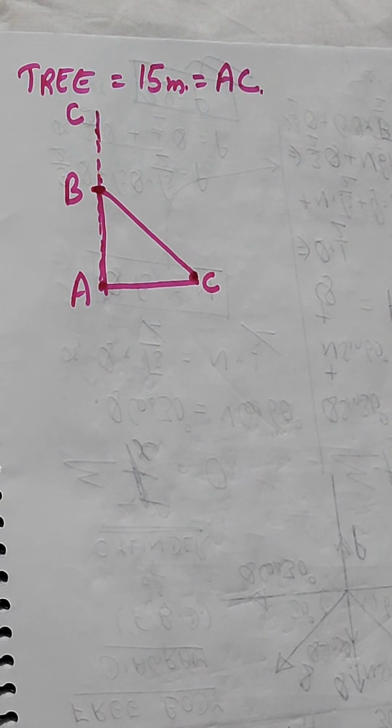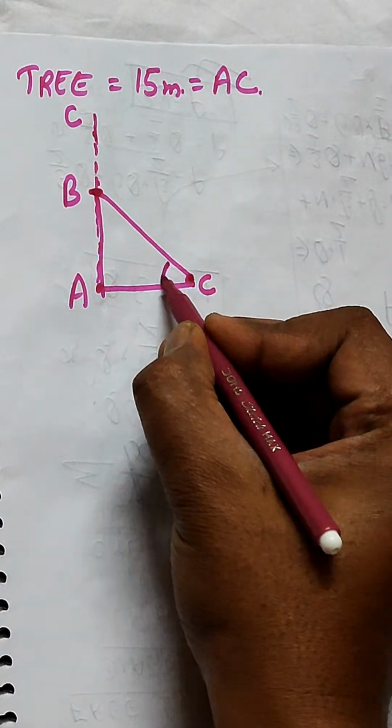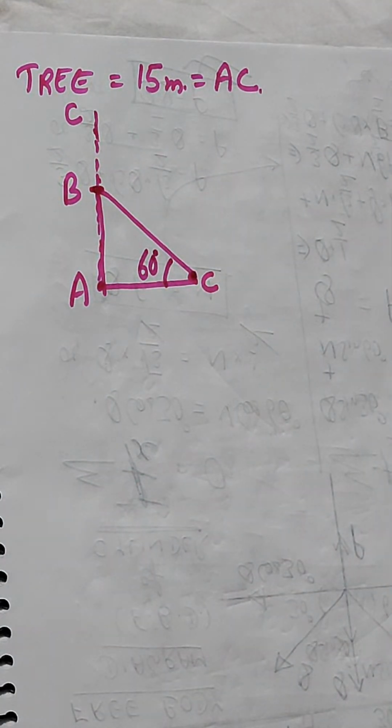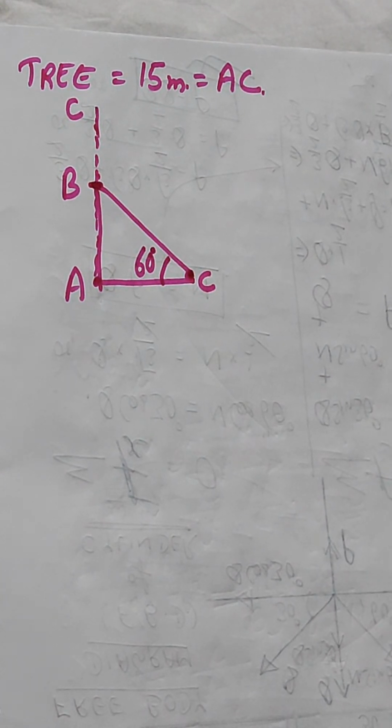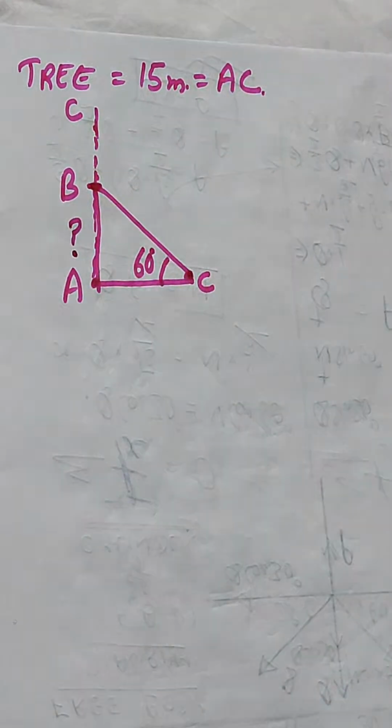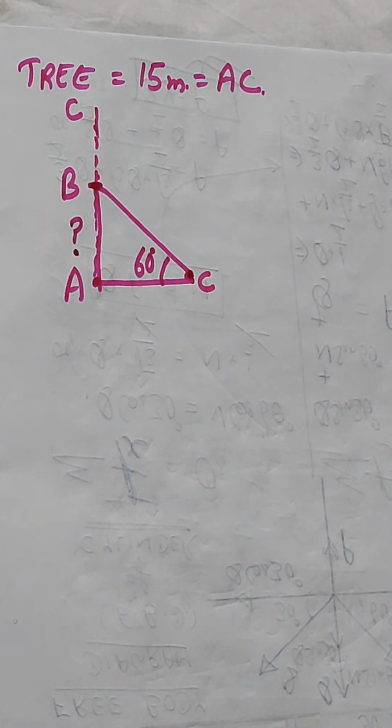And this touches the ground now, makes an angle of 60 degree with the ground, right? Now what we need to find is, at what height from the ground did the tree break? That means this we need to calculate, right?